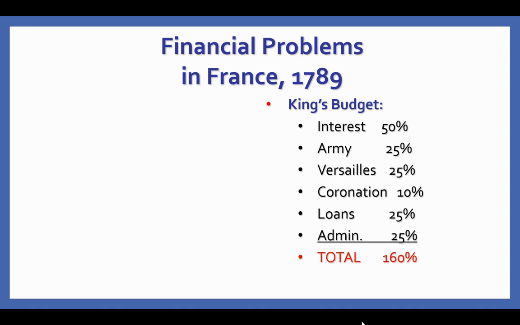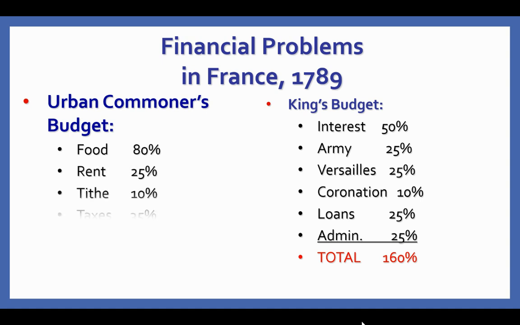Okay. 25% paid back principal of loans, and 25% went to his government, his bureaucracy. Well, if you can do math, you'll notice that that's 160%. That's 60% over their income.